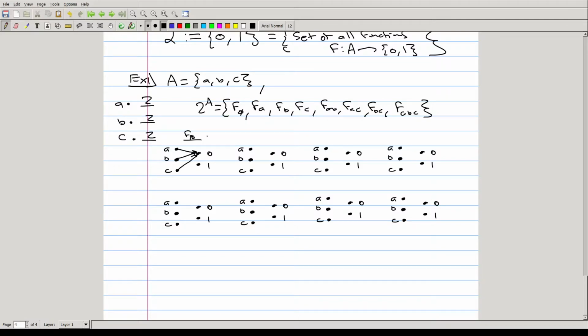f empty set is this function right here. Fa is going to be the function that takes 1 at A and 0 at B and C. Fb is going to be the function that takes 1 at B and 0 at the other 2 values. Fc is going to take 1 for a value of C and 0 for the other 2 values, and so on and so forth for each one of these functions.